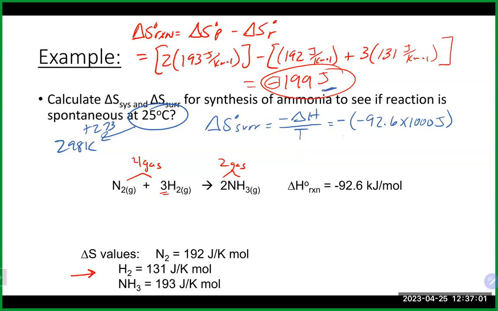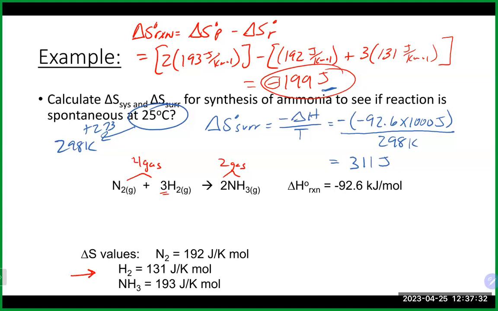If you did not do that, you would be in kilojoules at this point, and hopefully you recognize that. So we end up with 92.6 times 1,000 divided by 298. If you did convert it into joules, you'll end up with 311 joules. If you did not, then you would end up with 0.311 kilojoules.